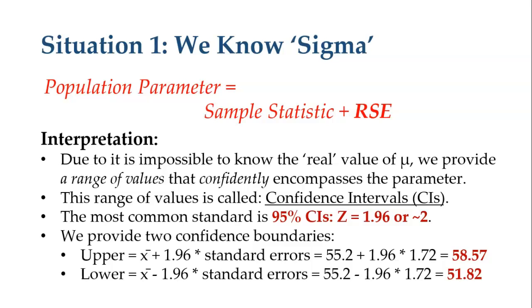But we use the shortcut of 2 because it's very close to 1.96 and easier to estimate, okay? But it's the same.